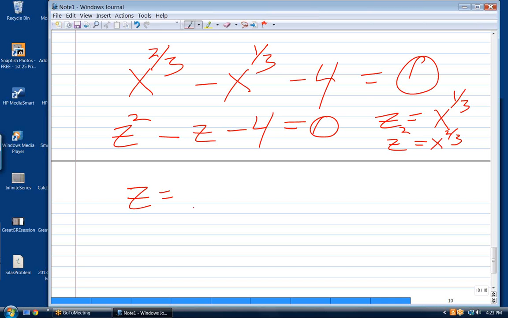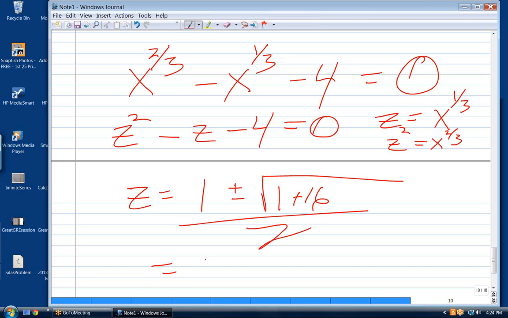Z is equal to 1 plus or minus the square root of 1 minus 4 times 1 times negative 4, which is 16, over 2a, which is 2. So that's what Z is equal to.